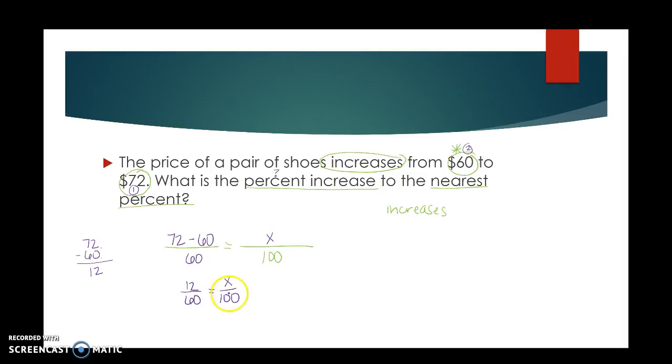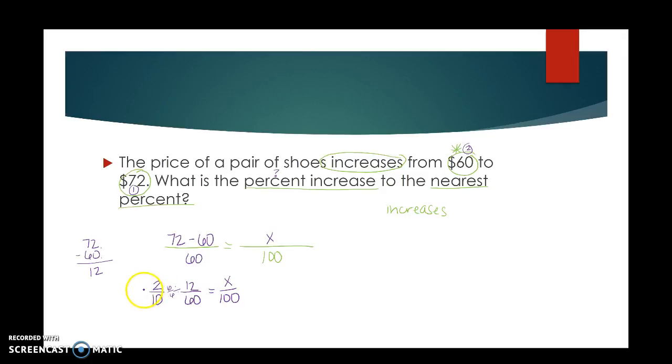All right, and you do have an option, guys, of going ahead and looking at this fraction and simplifying it first. Because I see 12 and 60, and I know both of these are divisible by 6. So I can go ahead and divide them both by 6. 12 divided by 6 is 2. 60 divided by 6 is 10.